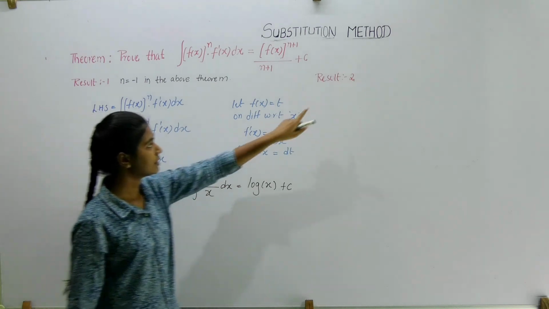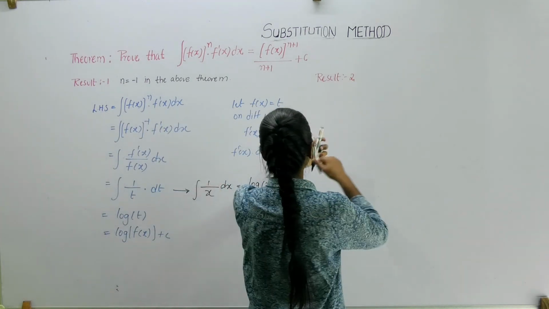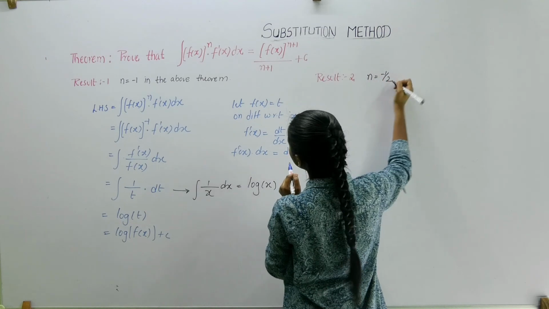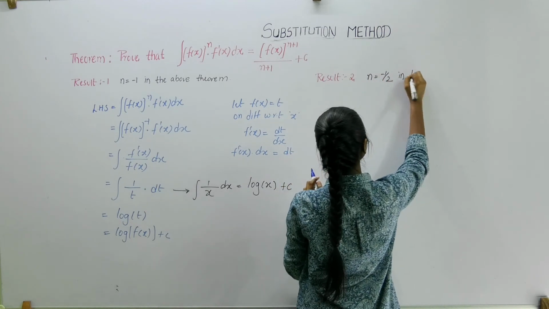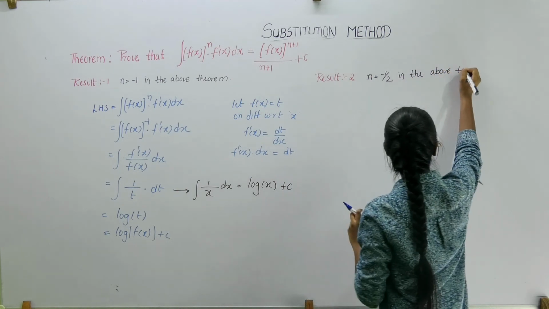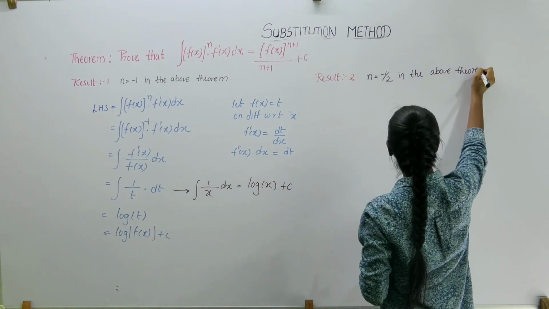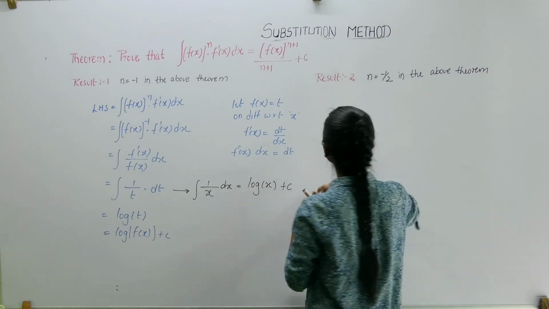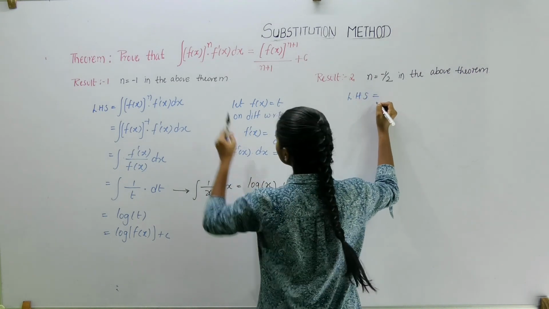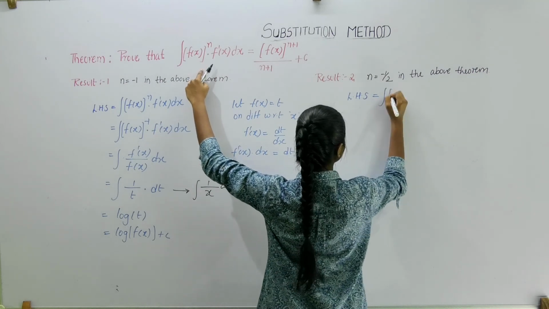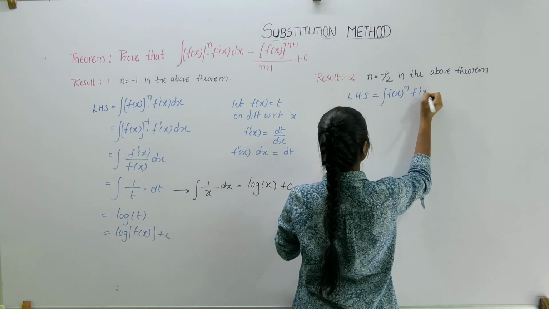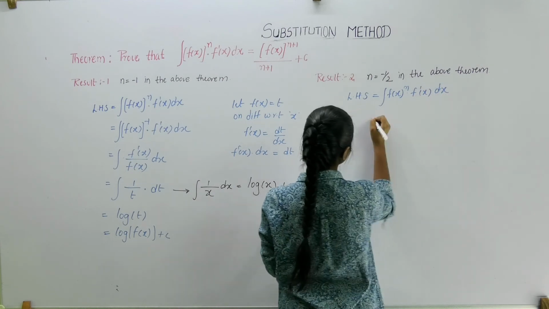Next, result number 2. If we put n is equals to minus 1 by 2 in the above theorem, then LHS is equals to, in the left hand side it is integral f of x whole power n into f dash of x dx.